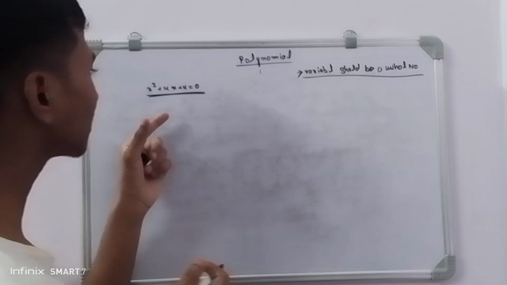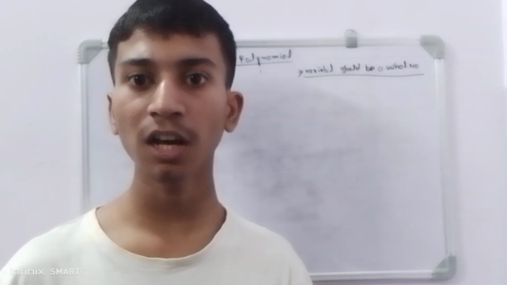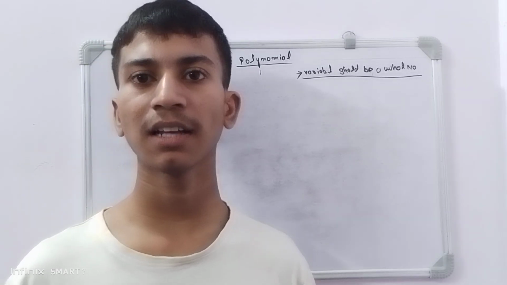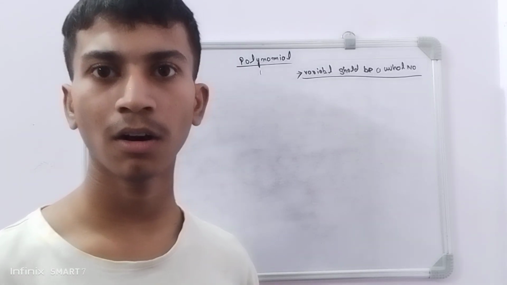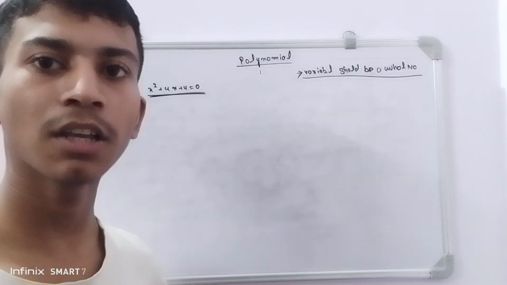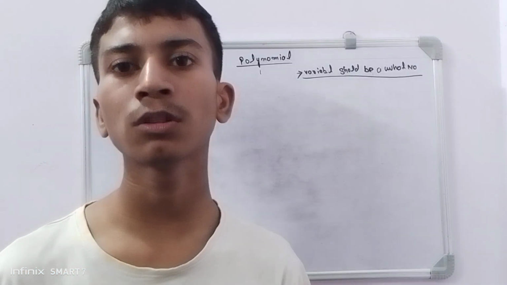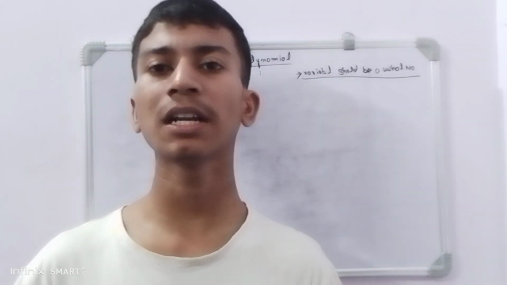If I ask you to solve, you may know how to solve by middle term splitting, which you have studied in class 8, 9 and even in higher classes. But today I am going to teach you about the relationship between the zeros of the quadratic equation.